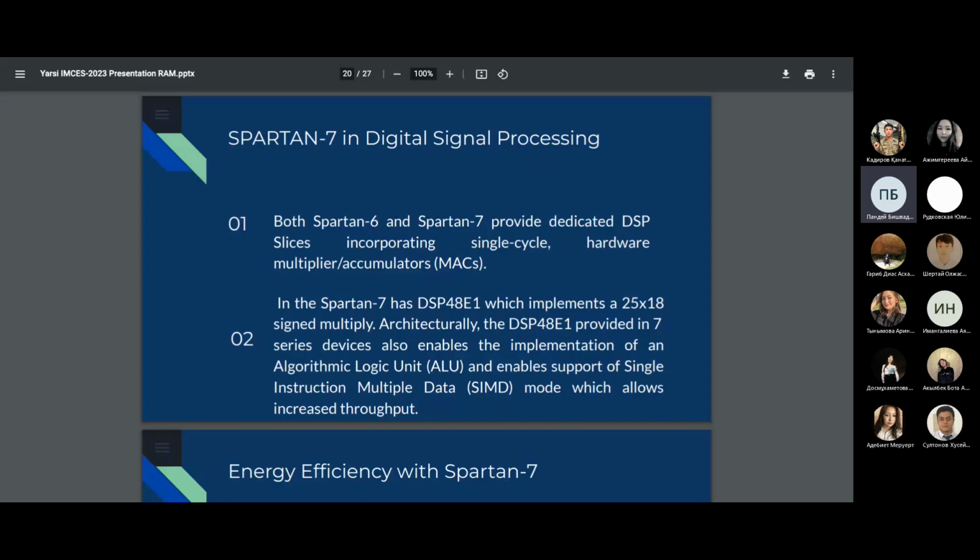The DSP48E1 provided in 7 series devices also enables the implementation of an arithmetic logic unit, ALU, and enables support of single instruction multiple data, SIMD mode, which allows increased throughput.